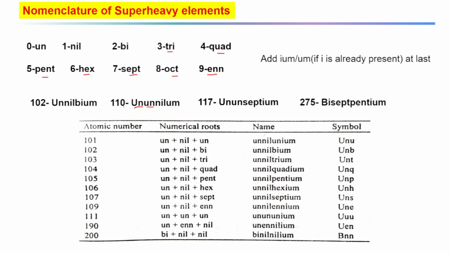And for 0 we have to write nil. And at the last you have to use yum, ium or um. If I is already present, you have to write um.